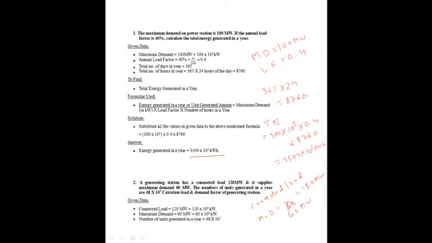Okay, what they have asked is to calculate the load factor and the demand factor of the generating station. Three pieces of information are given: first is the connected load, another one is the maximum demand, and the number of units generated in a year.